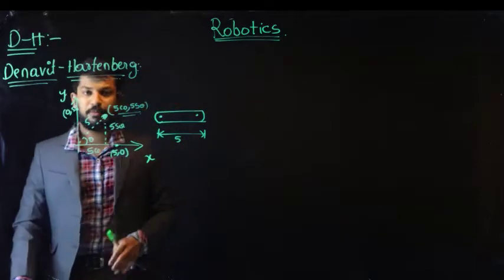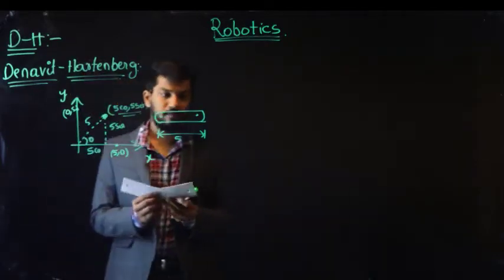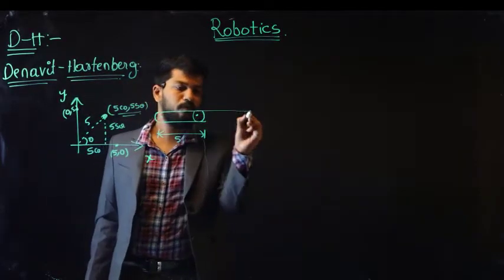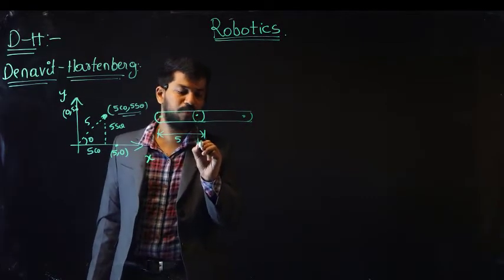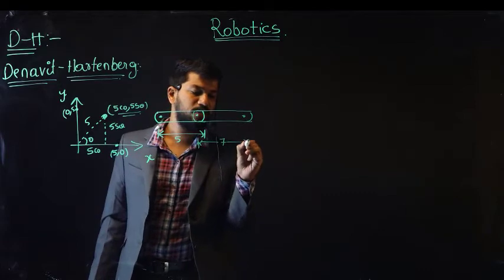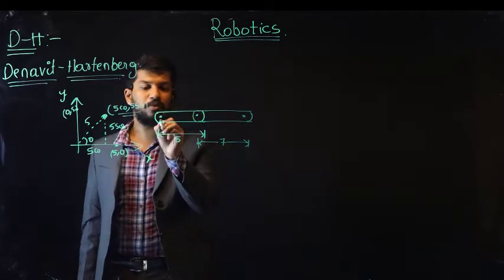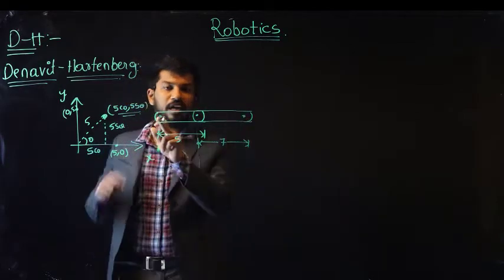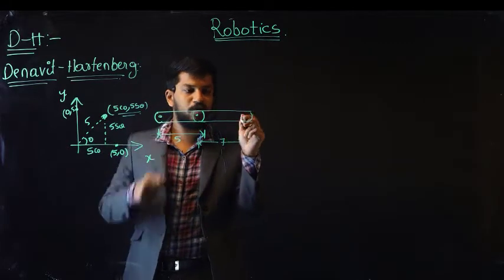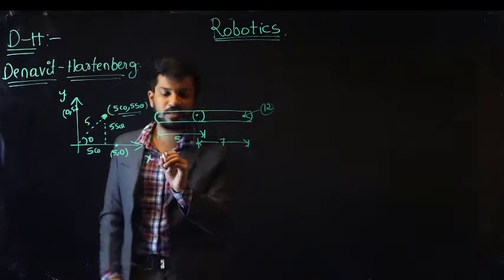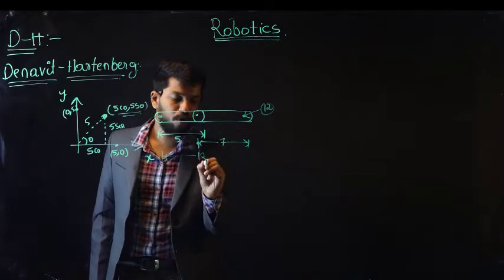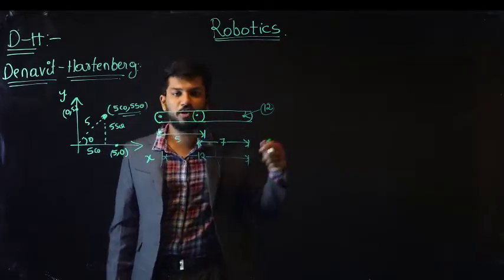Suppose we have two links, and here I am extending somewhere here. Suppose this distance is around 7 units. If this is my origin and I want to calculate the length of this entire total link, definitely this will give me 12 units, meaning it is located 12 units far from the origin.